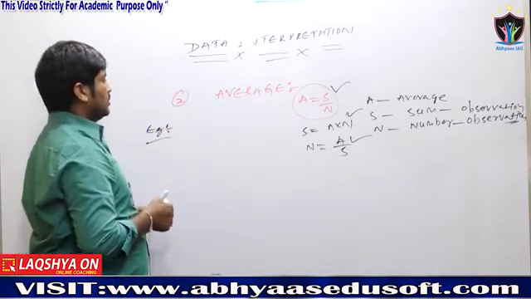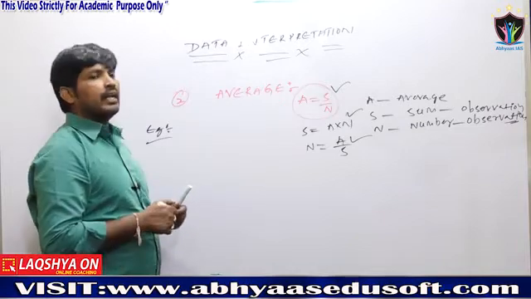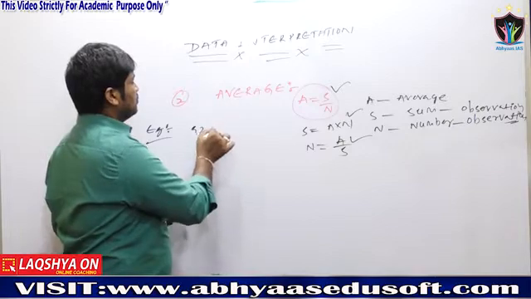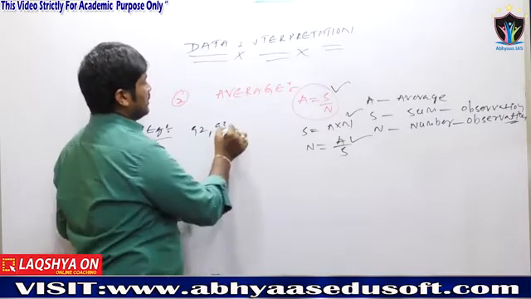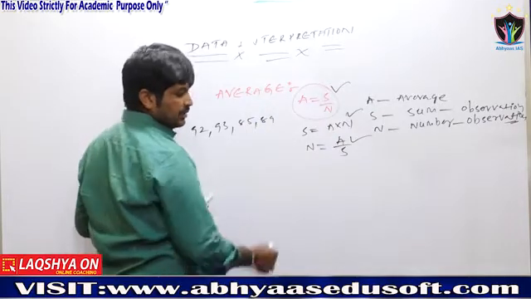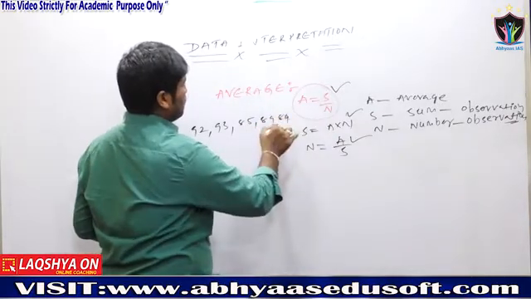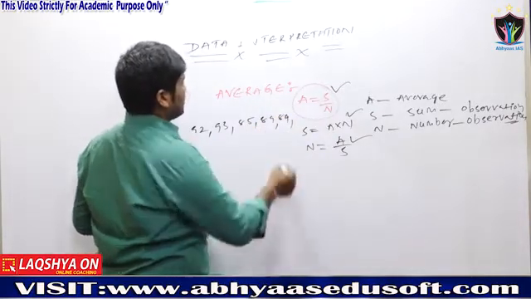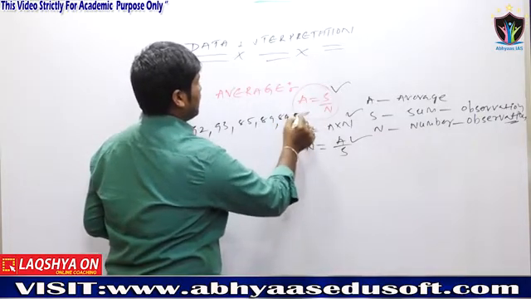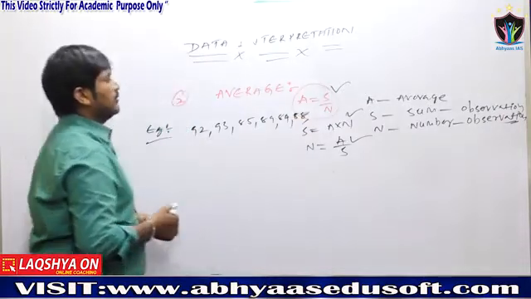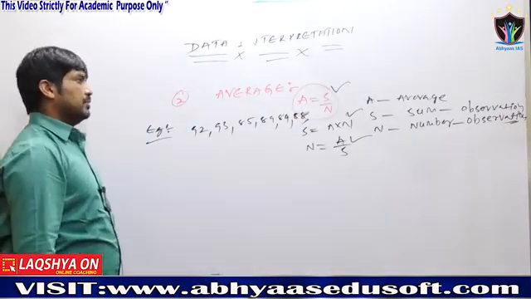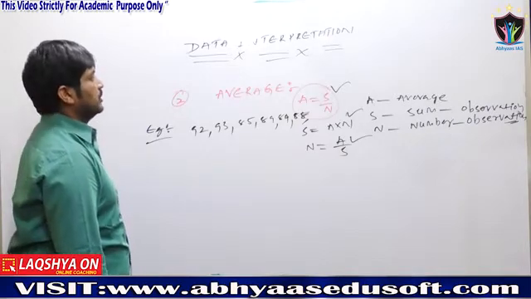For example, if the question is given like this: a student scores 92, 93, 85, 89, 84 and 88 marks in various subjects, then we have to find the average marks of the student.